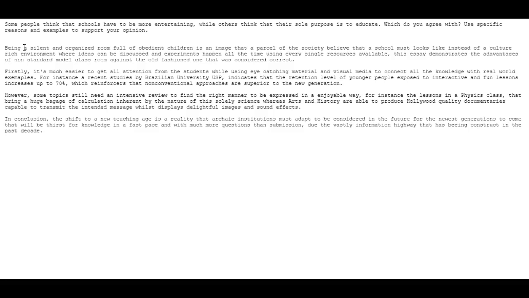So it should say, a silent and organized room full of obedient children is an image that, I wouldn't say a parcel, I would say a portion of the society believes that a school must have, not look like, that a school must have, instead of a culturally, so A-L-L-Y, rich environment where ideas can be discussed and experiments happening all the time, using every single resource, no S, available.